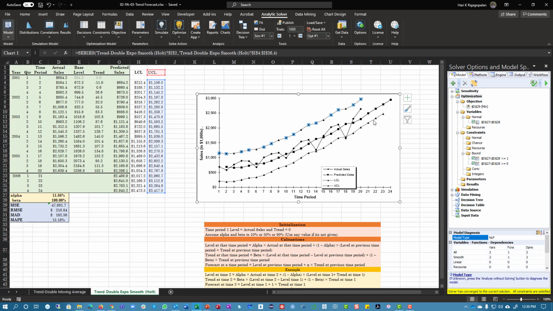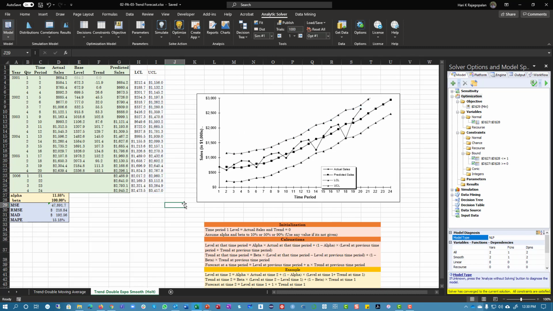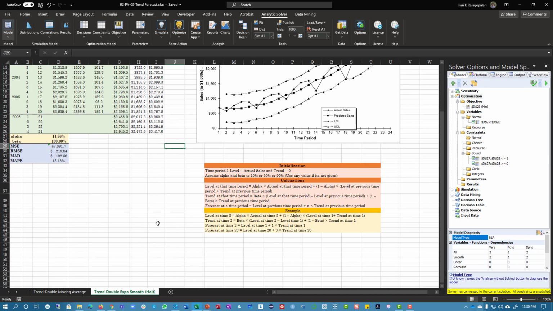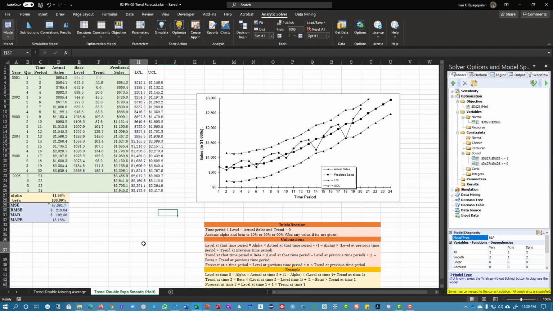If you notice, my LCL and UCL are slightly off, so I need to move this up. And so here we go. Now it's correct. So this is our forecast and our confidence levels.